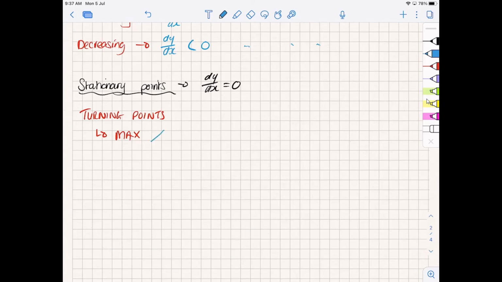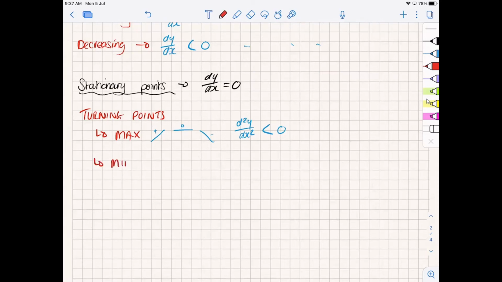It's when dy by dx equals 0 and d squared y over dx squared is less than 0 for a maximum point. I've drawn there what's happening. The graph is increasing, it's stopping, and then it's decreasing. It's going to the top of a hill. That is a maximum point.